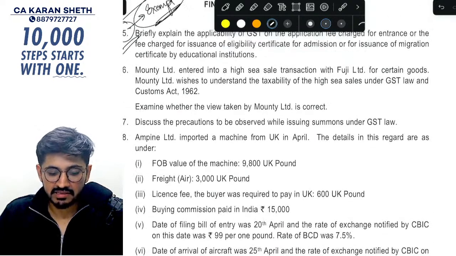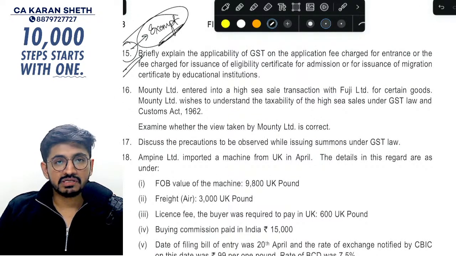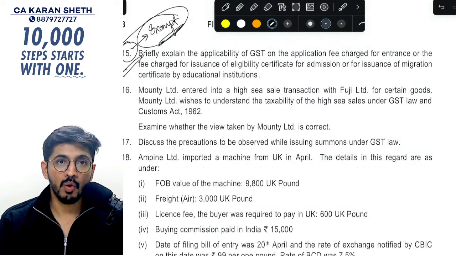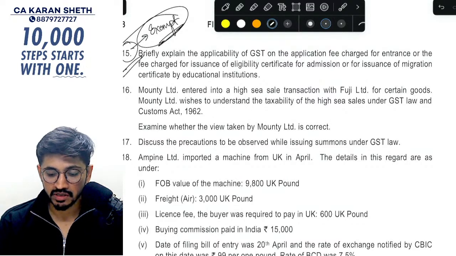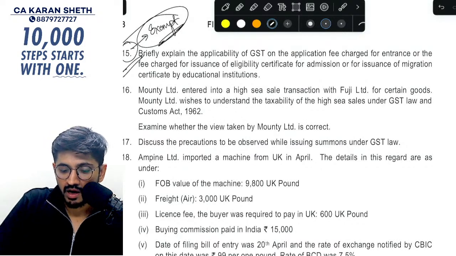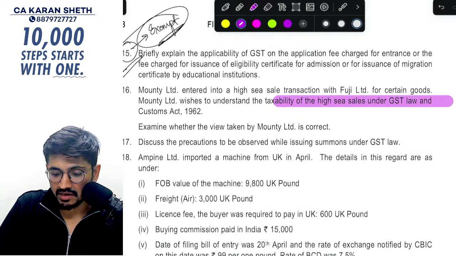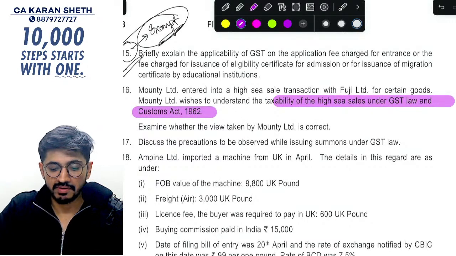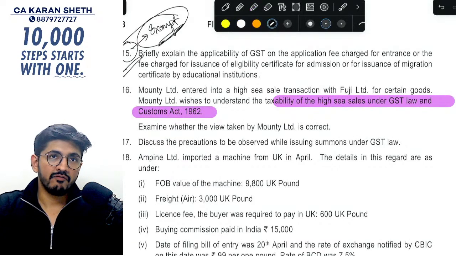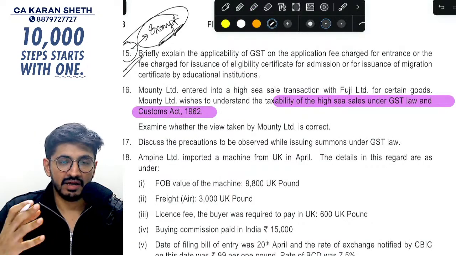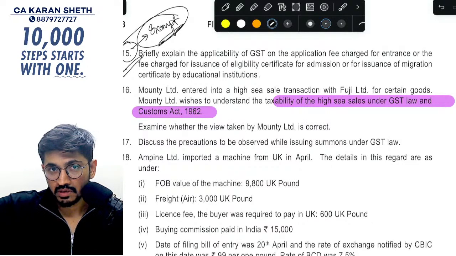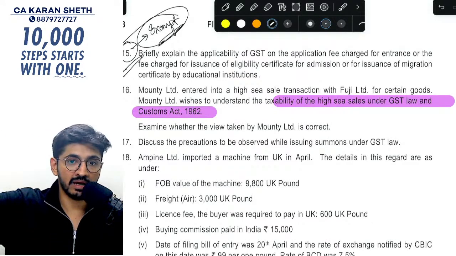Okay. Next question 16, that is Mounty Limited entered into a high sea sale transaction with Fuji for certain goods. Mounty wishes to understand the taxability of high sea sale under GST law and customs law. Understand, my dear friends, what I'm trying to basically explain is that understand with respect to supply of goods in the warehouse, in the custom bonded warehouse, it is not a supply.